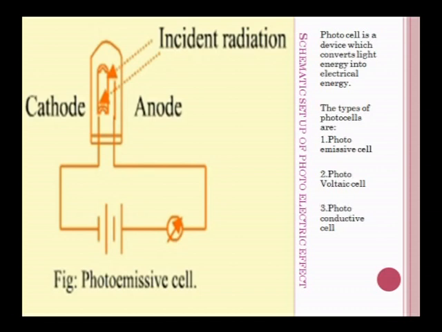There are basically 3 types of cells: the first is the photoemissive cell, the second is the photovoltaic cell, and the third is the photoconductive cell. Now, let us try to understand the photoemissive cell.